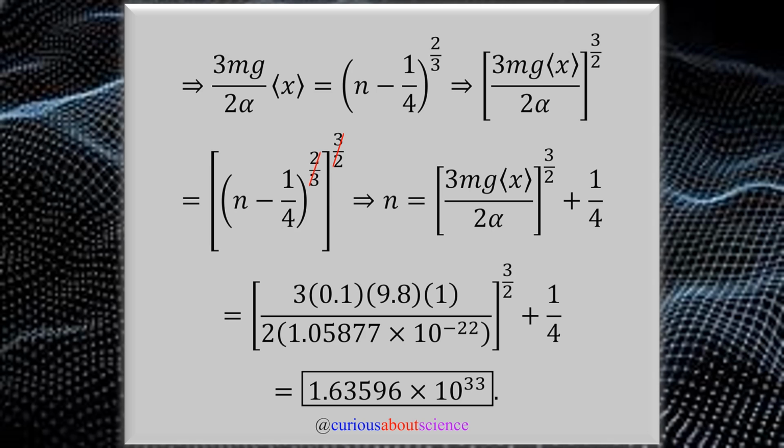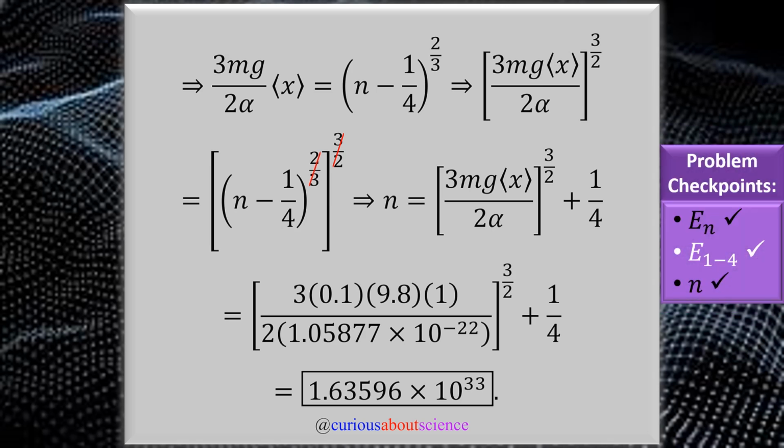Now, if this does not highlight how vastly different the quantum world is from the classical world, 1 meter means nothing to us in the physical world, or the classical world, where we can just bounce a ball. That's pretty easy. But the fact that you need an energy level that high for n tells us the scales are completely different, and trying to warp our brains around this is a fascinating exploration.